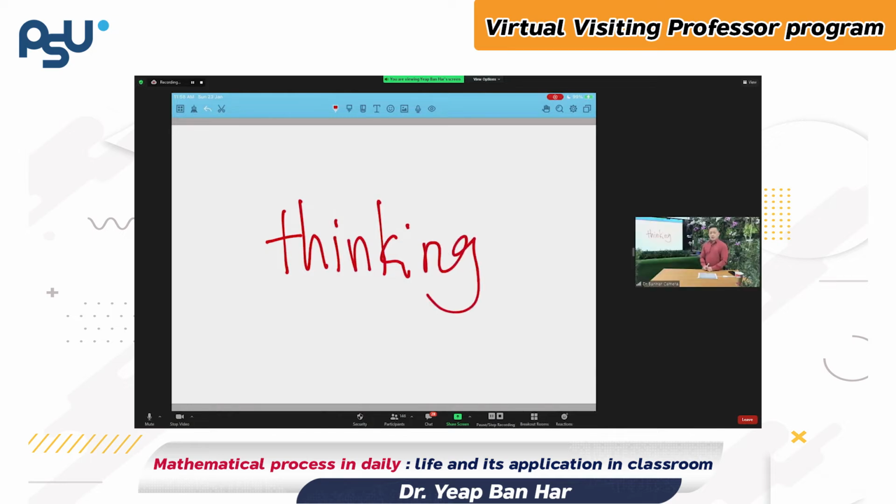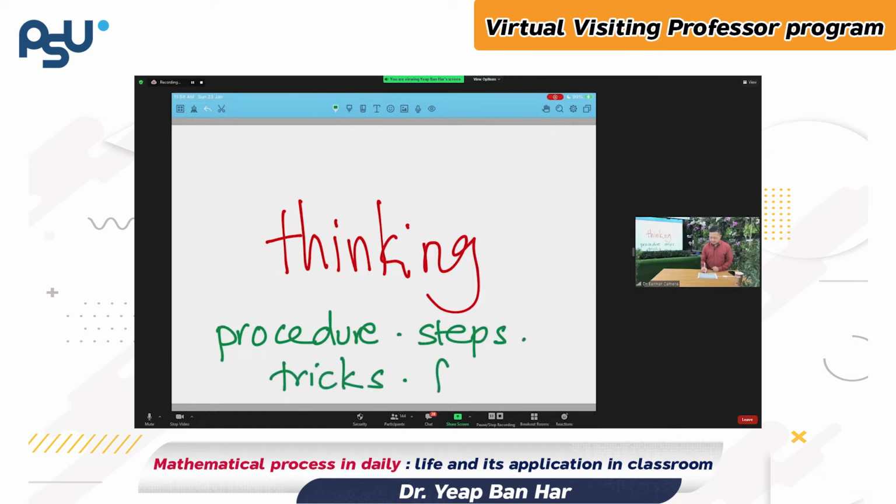What we can do to change the mind of children who think that mathematics cannot be used in the real world? That is because they learn mathematics as a procedure. They learn mathematics as steps. They learn mathematics as tricks. They learn mathematics as formula.